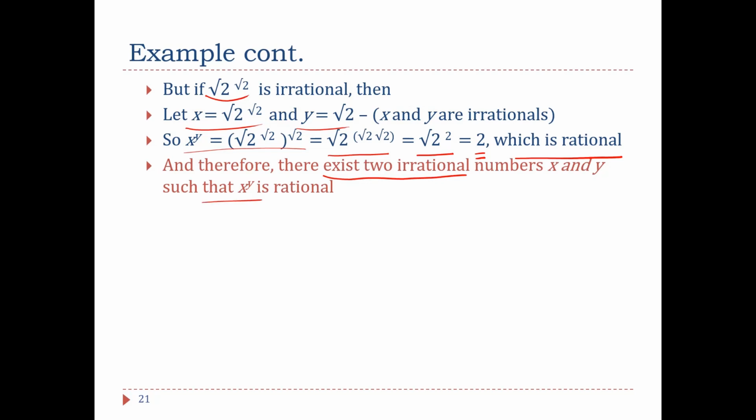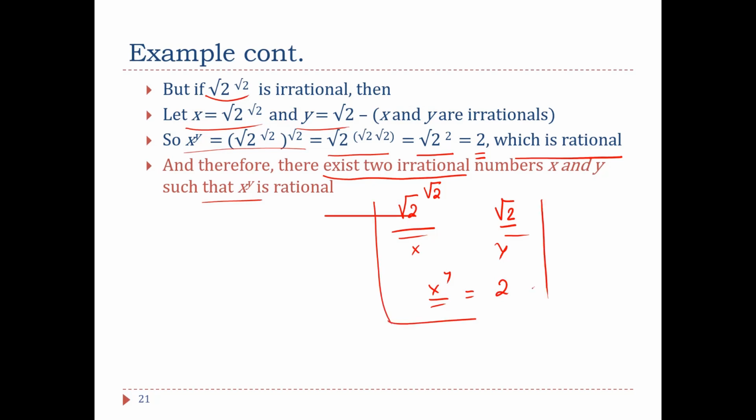Okay. Of course, once you do this elaborate proof, you can say, why wouldn't we get the idea to use this as an x and this as a y, and then just do the calculation and show with a direct proof that if this is x and this is y, then clearly x to the power of y is equal to 2, which is rational. Yes, of course, you could do this absolutely.